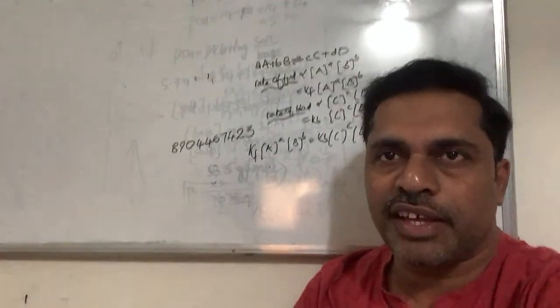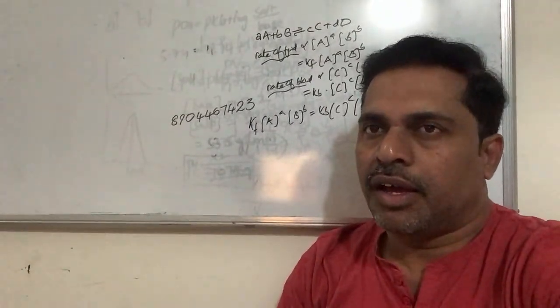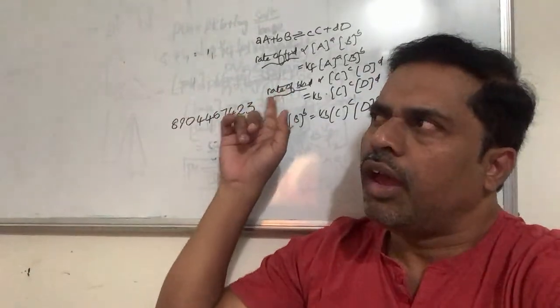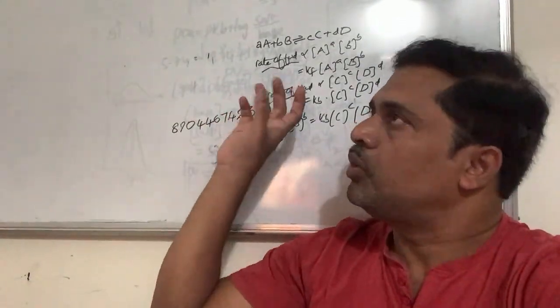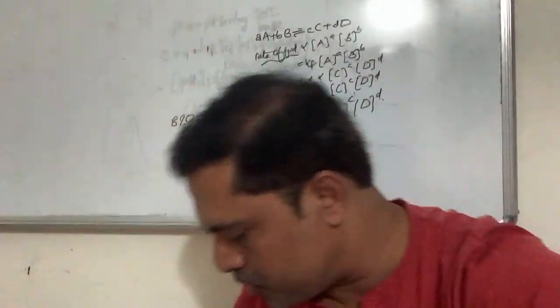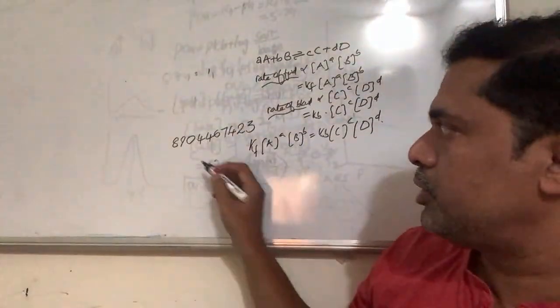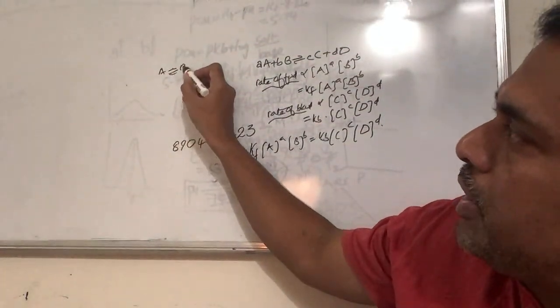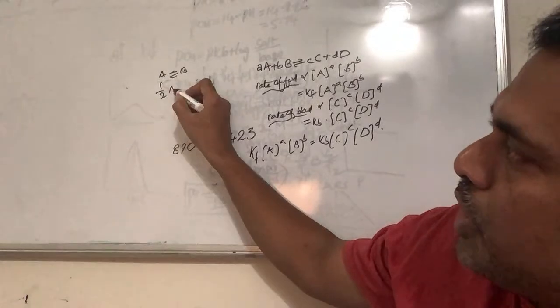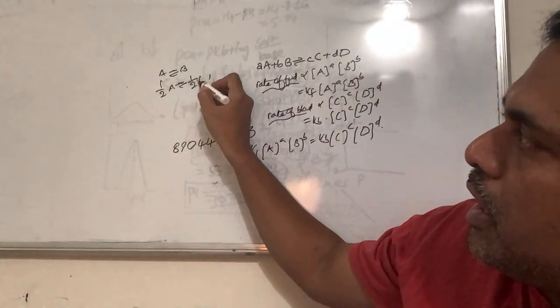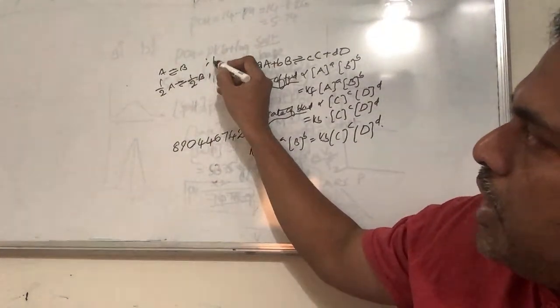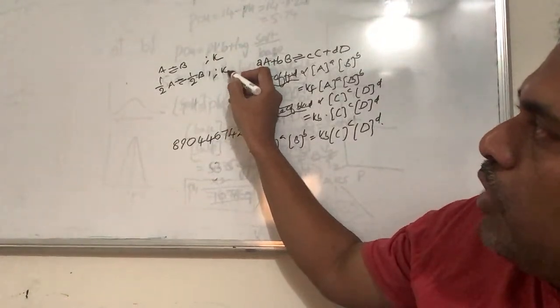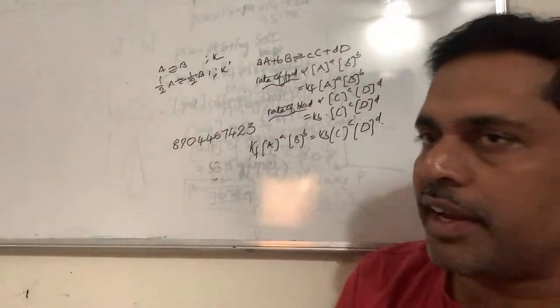So what I was saying is, when we say this kind of thing, for example, A gives rise to B, and half A gives rise to half B. If you say this is K, and this we call K dash, what is the relation between K and K dash?